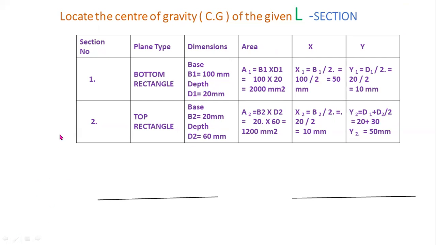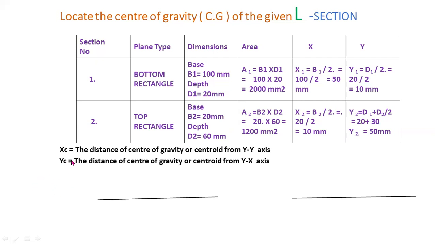For that, you have to use this formula. Here, XC is the distance of the centroid or center of gravity from the YY axis. YC is the distance of the centroid or center of gravity from the XX axis. Now we have to determine these two values. Now this is the formula for XC.